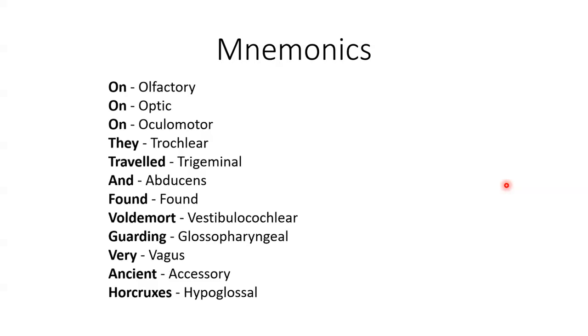So for example, to remember the names of each of the cranial nerves in order, you might want to remember the sentence, "On they travelled and found Voldemort guarding very ancient Horcruxes." So the first letter of each of those words relates to the first letter of each of the cranial nerves. Obviously, this doesn't give the entire name away, but it does give you a hint as to what the name is and the order of those nerves.